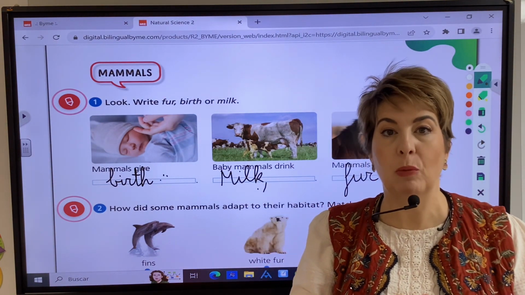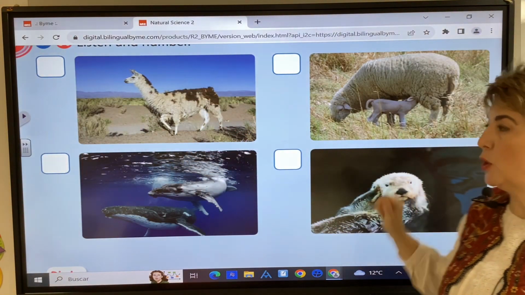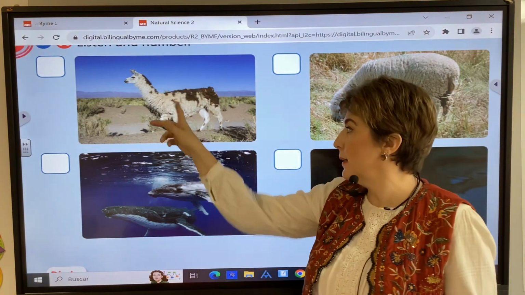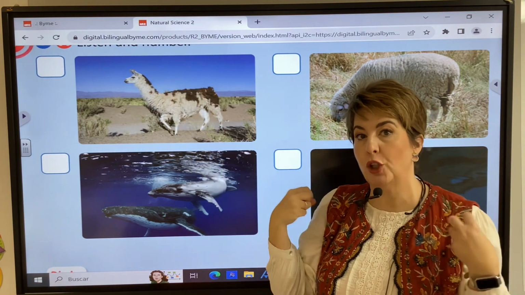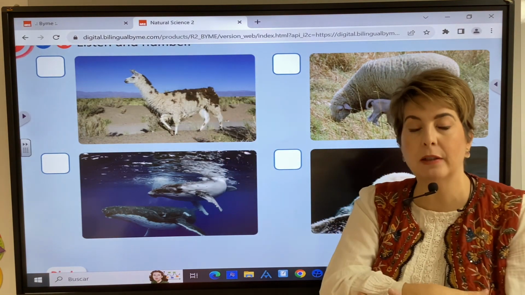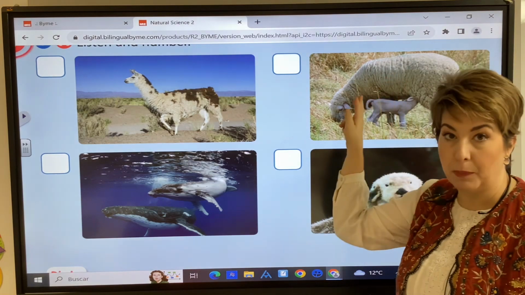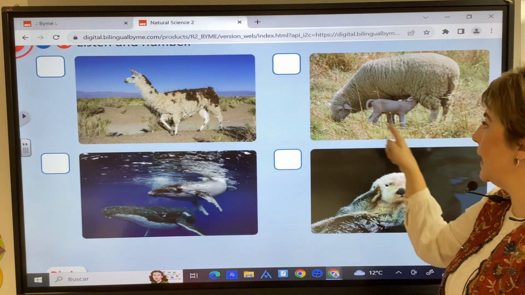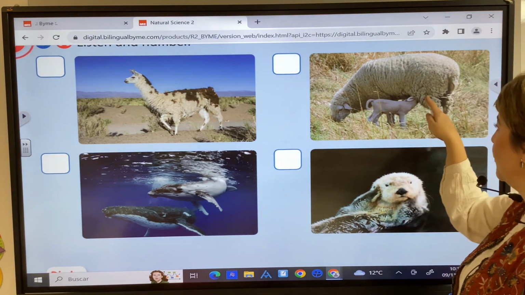A little bit more about mammals. All these animals that you have in the picture are mammals. This is a llama, and you can see that it has a lot of fur to protect from the weather. This is a sheep, and this is a baby sheep that is drinking milk from the mother.